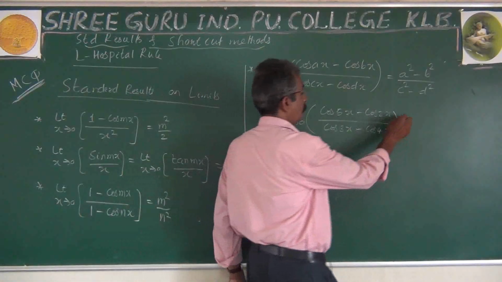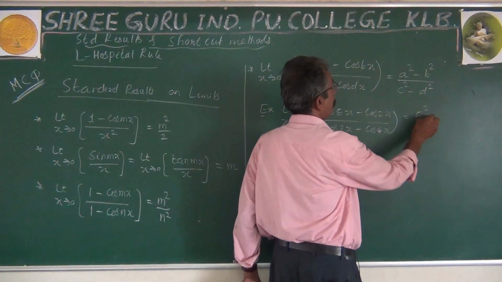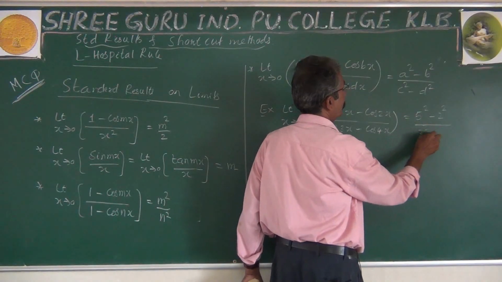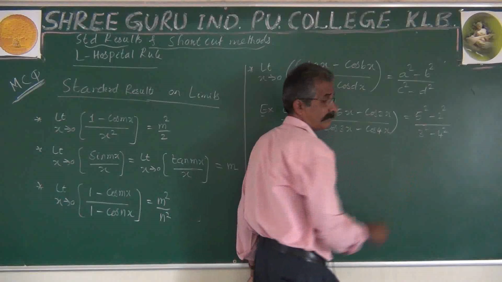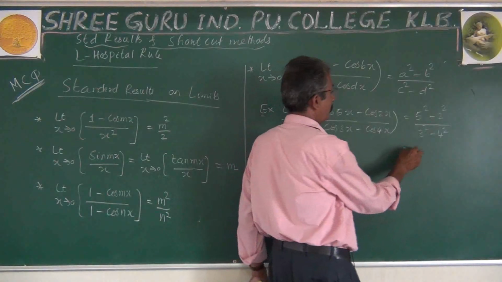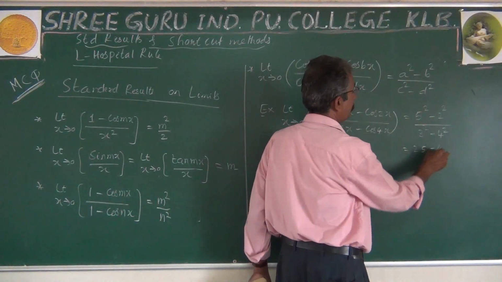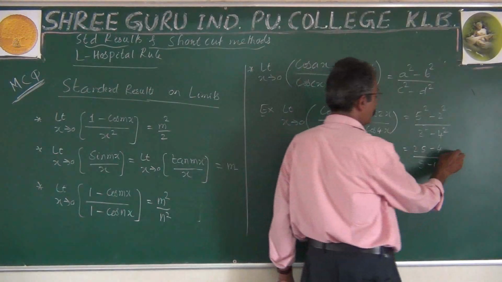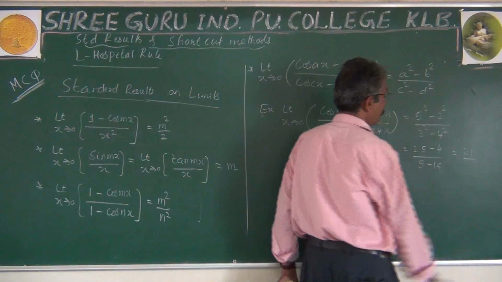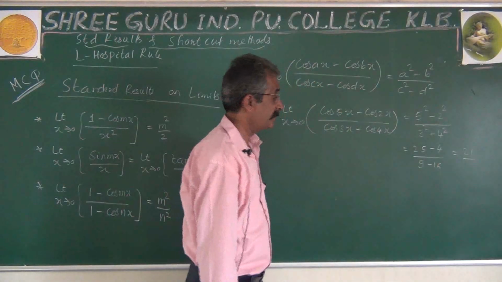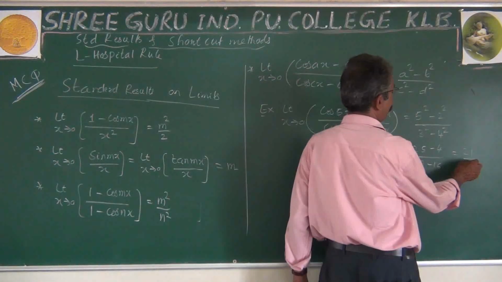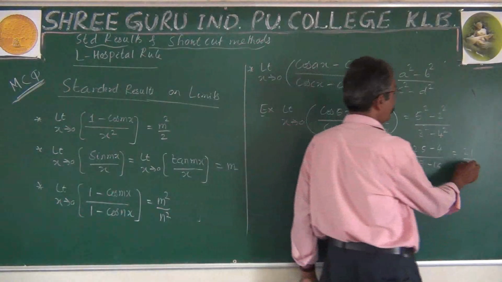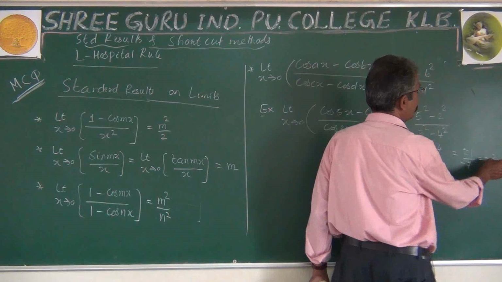What is a square? 5 square. What is b square? 2 square. What is c square? 3 square. What is d square? 4 square. That is 25 minus 4 divided by 9 minus 16. That is 21 divided by 9 minus 16 which is minus 7. 7 ones are 7, 7 threes are 21, so minus 3 is the answer.